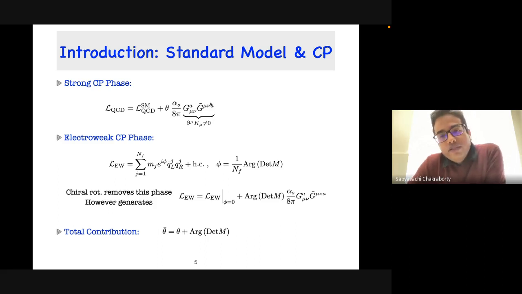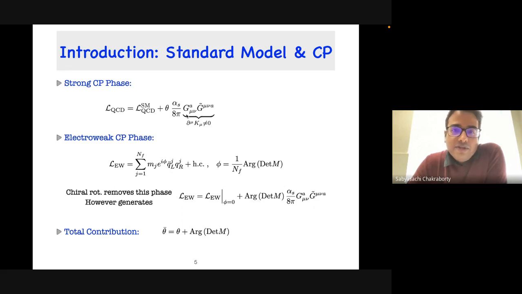But this is only one source of strong CP. There could be other sources. For example, the Yukawas, the quark mass matrices, in general are complex. Now you can rotate away this complex phase by doing a chiral rotation on the quark fields. But as it turns out, under chiral rotation, the measure of the action is not invariant, and it picks up a term which is proportional to G G-dual. So there are two sources.